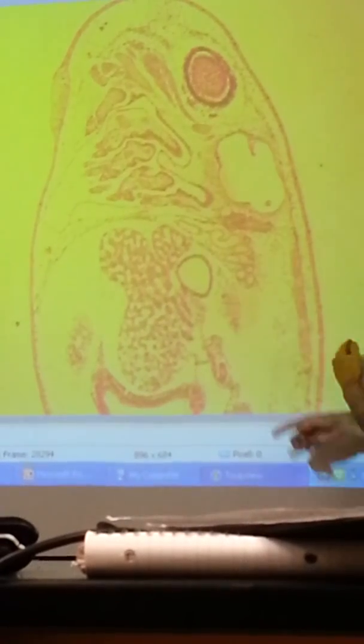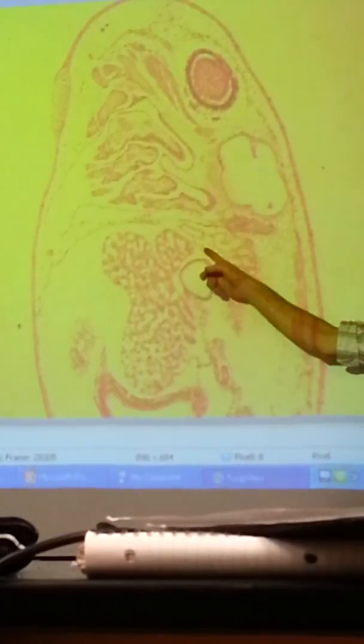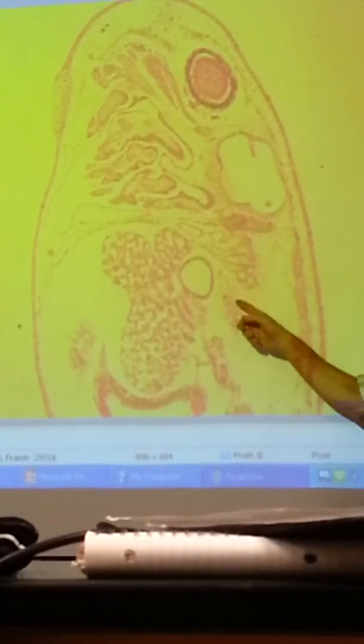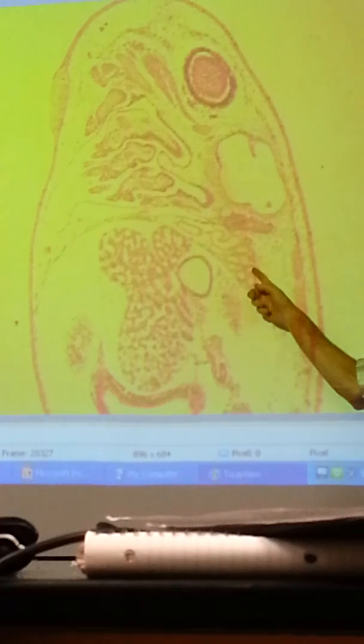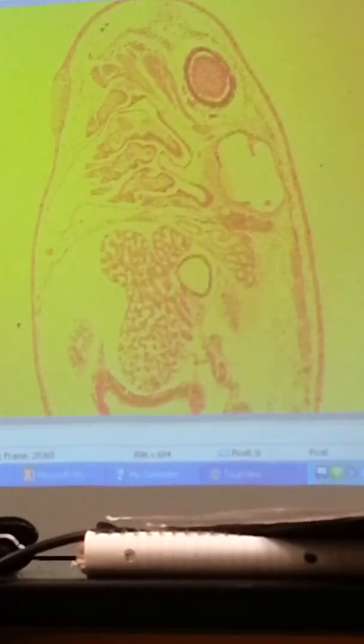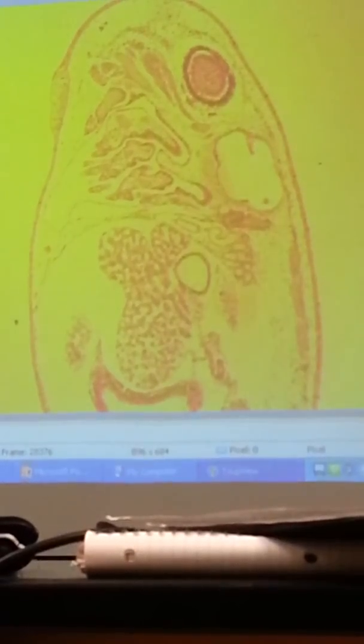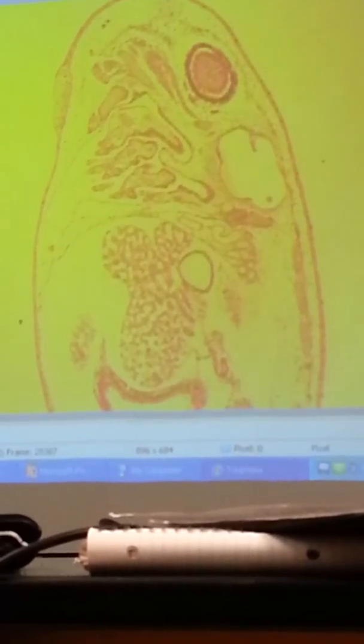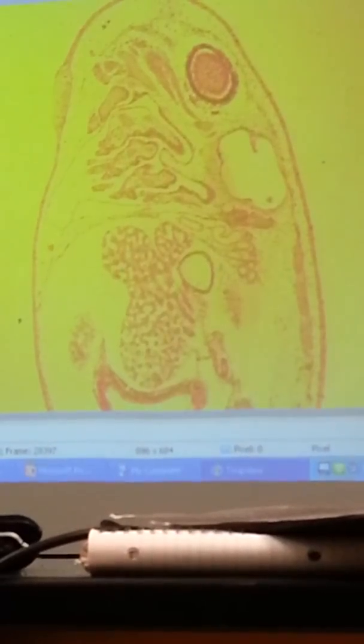Spinal cord. And notice if you can find anywhere where you see a whole bunch of tubes. These tubes are the basis of the kidney. They're called pronephric tubules.